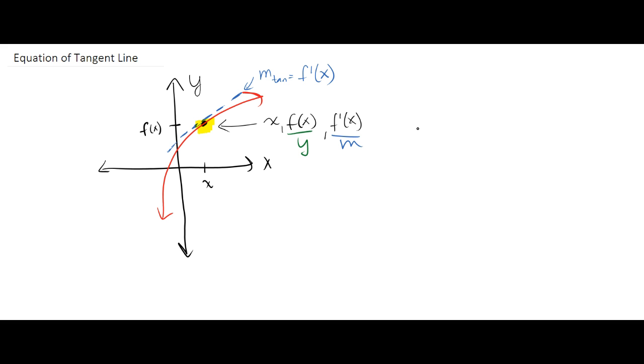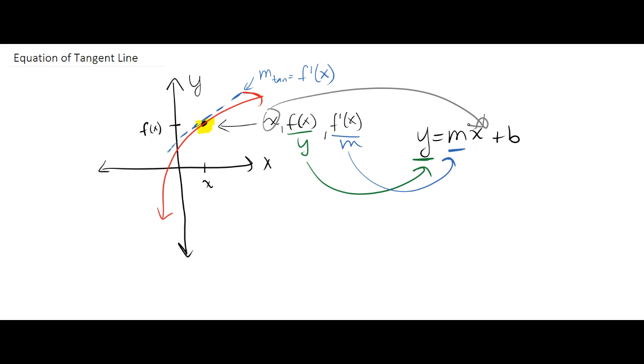Recalling from elementary algebra, the equation of a line, y equals mx plus b, we can simply transcribe the y here, then transcribe our slope at that point here, and transcribe the x value here. Then solve for the b, and we're actually going to have the exact y equals mx plus b equation of this tangent line. So the best way to show this is with a couple of examples.